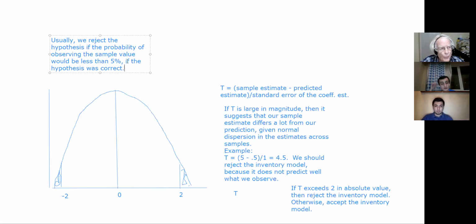But in reality, it all depends on how important the hypothesis is to you. If we want to keep the hypothesis unless there is a very, very good reason to reject it, then maybe we will adopt a level of significance that is smaller than 5%, maybe 1%, something like that.